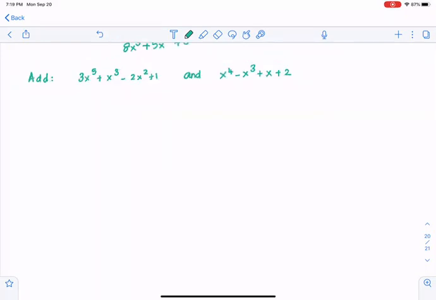So combining like terms, in this problem, we don't have a longer polynomial. They're of the same length. So I'm just going to write the first one as is. And I look at the second polynomial. I have an x raised 4, but there is no x raised 4 in the first one.